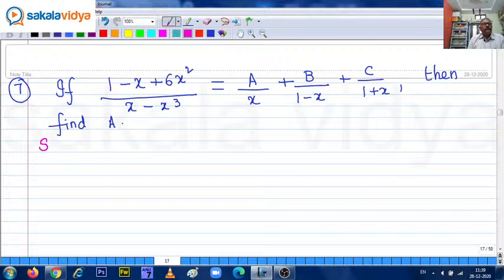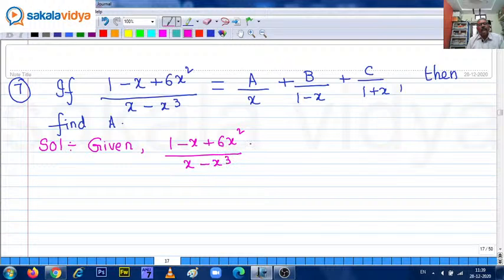Okay, solution. Here given (1 minus x plus 6x square) upon (x minus x cube) equals to, here LCM also, first let us write whatever given, a upon x plus b upon (1 minus x) plus c upon (1 plus x).